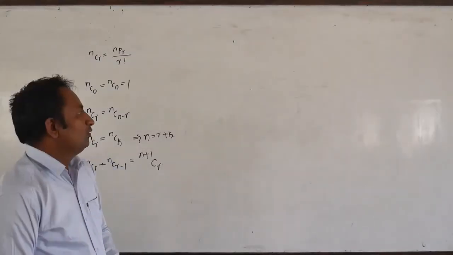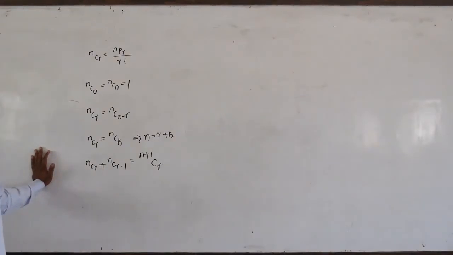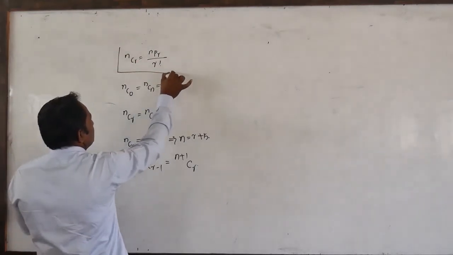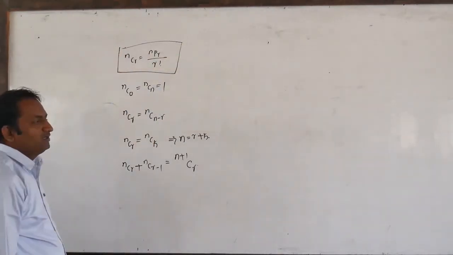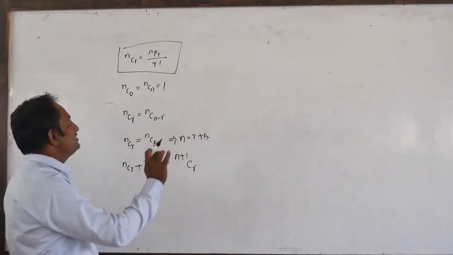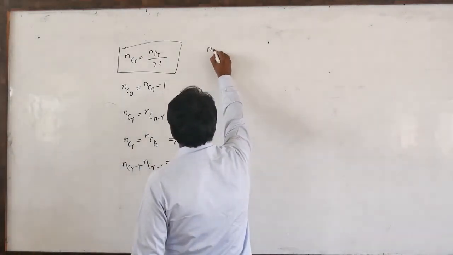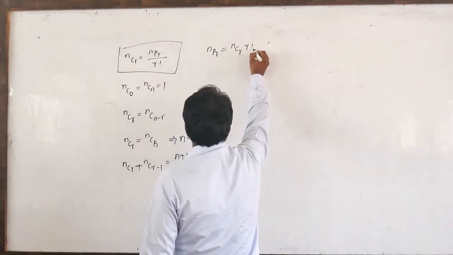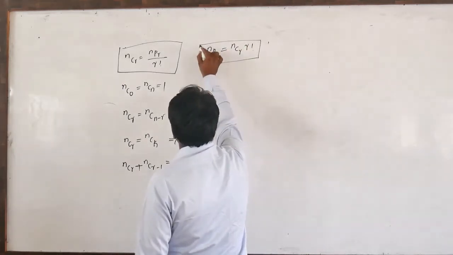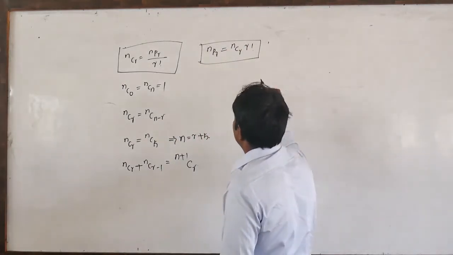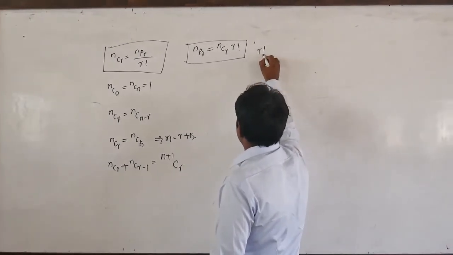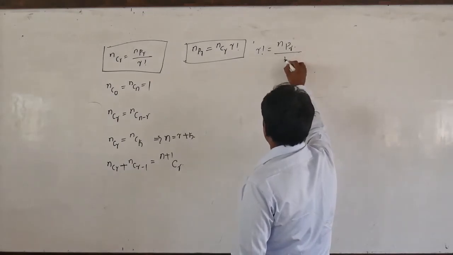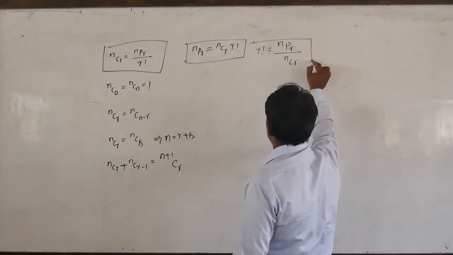Here we know the combination concept, that is nCr is equal to nPr divided by r factorial. So nPr is equal to nCr into r factorial. This is one formula, and r factorial is equal to nPr divided by nCr. This is another formula.